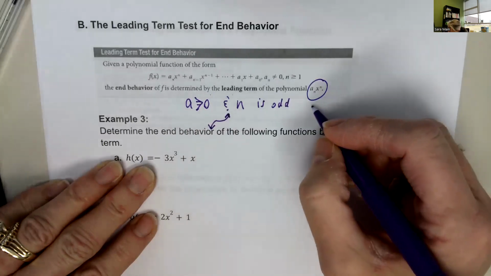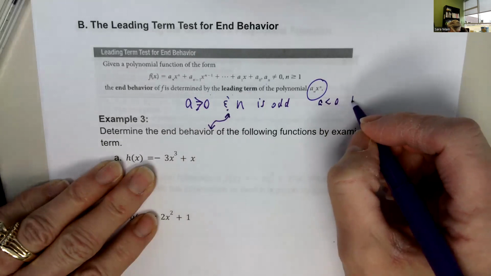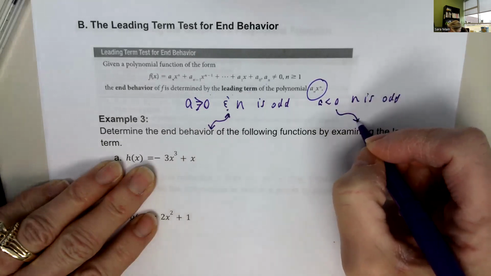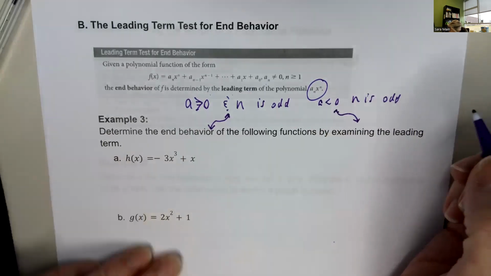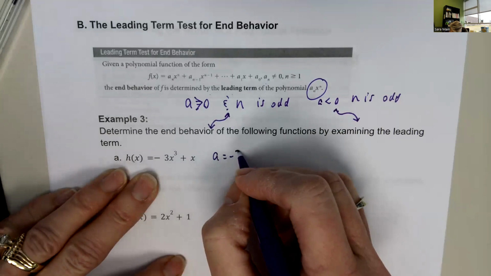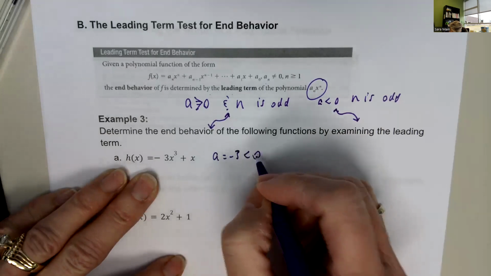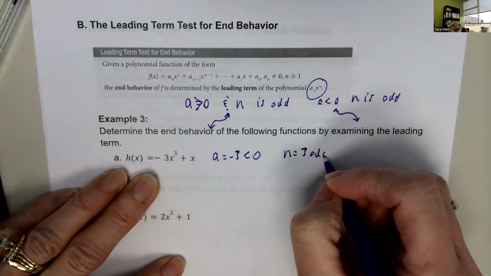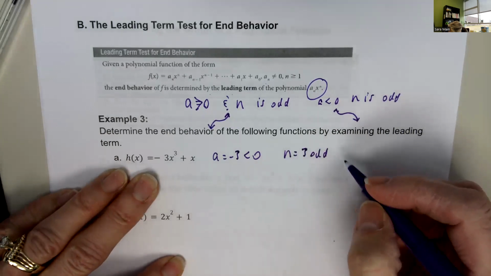Okay, when a is less than 0 and n is odd, then we have this. Okay, so here we have a is equal to a negative 3, which is less than 0, and n is equal to 3, which is odd. So it's going to look like this.